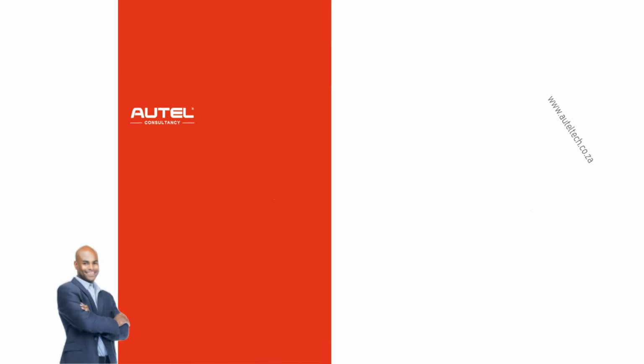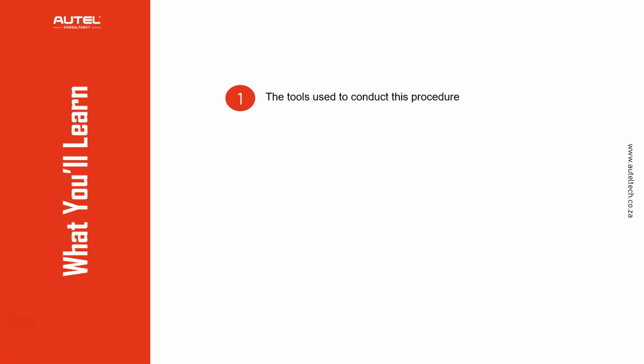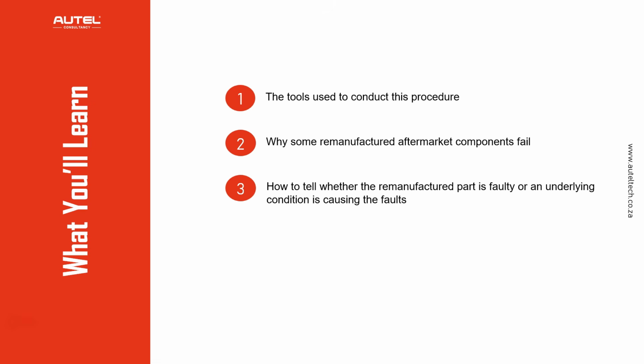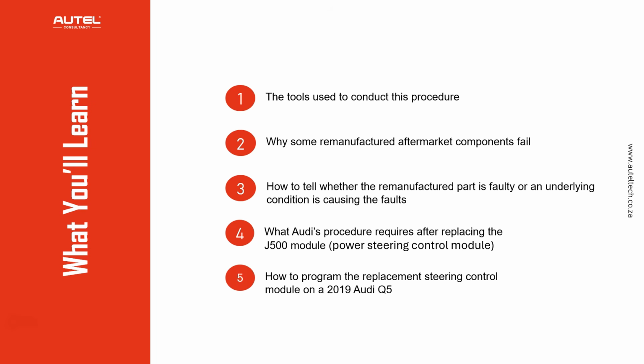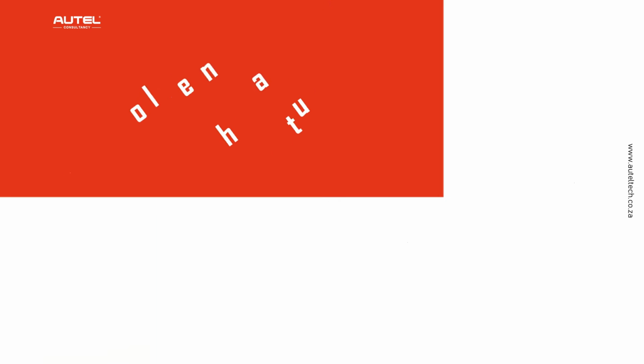Now, by the end of this presentation, you're going to learn the following. You're going to see what tools were used to conduct this procedure, why some remanufactured aftermarket components fail, how to tell whether the remanufactured part is faulty or an underlying condition is causing the fault, what Audi's procedure requires after replacing the power steering control module, and lastly, how to program the replacement steering control module on a 2019 Audi Q5.